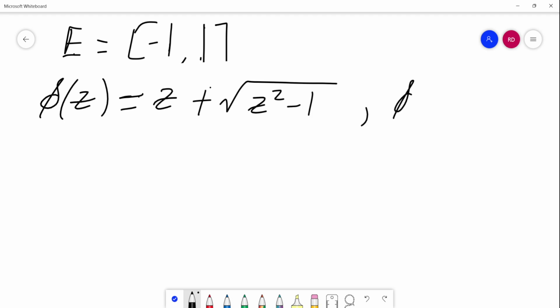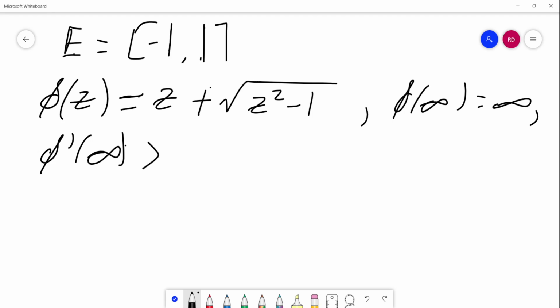And this again has the property that phi of infinity is infinity, and phi prime of infinity is greater than 0. I don't want to work out the whole thing explicitly. I think you can reason out that it's greater than 0, and you can work it for yourself if you need to.